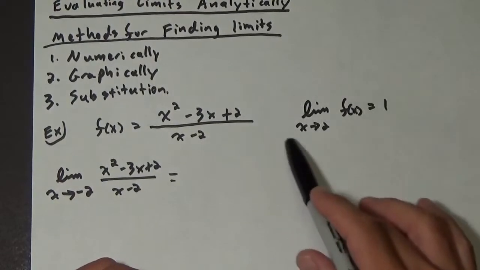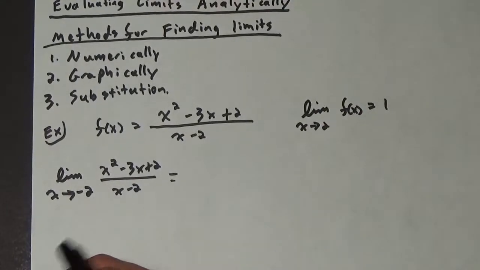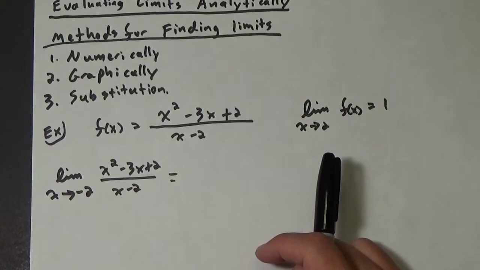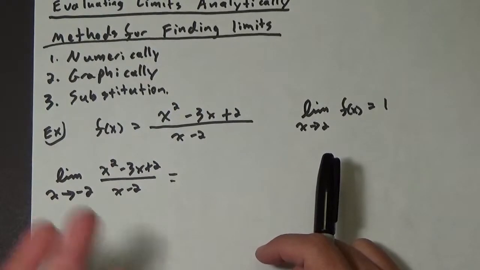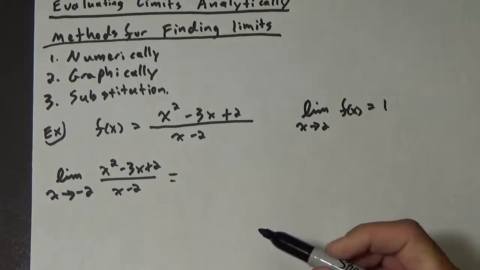So we had to go through this whole numerical analysis process. But in this case, you'll always try substitution first, because if you can evaluate it and you get a number, then there's a good chance that's the limit. So let's go ahead and put it in.